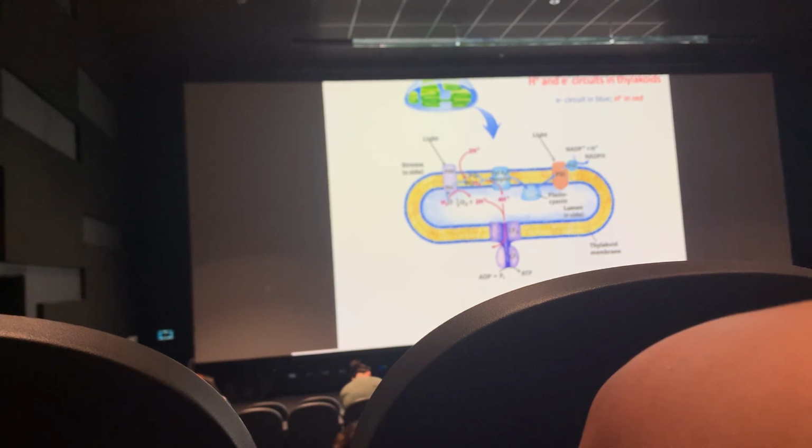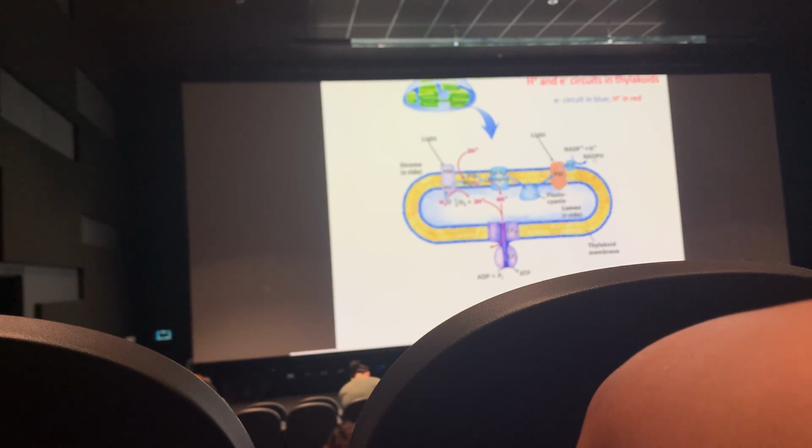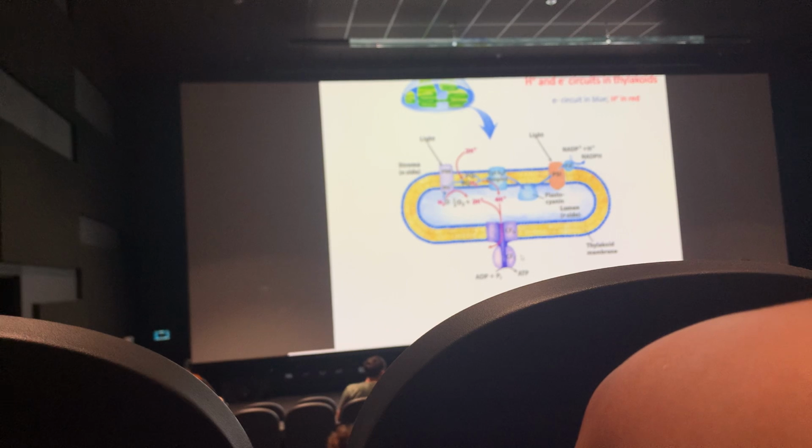And here, plastocyanin, there's going to have to be 2 of them to provide enough electrons to create NADPH. One of the nice things about the diagram is it shows us the orientation of this thylakoid, and the NADPH is being produced out here in the stroma, and so is the ATP, because that's where the Calvin cycle enzymes are that need this to generate the carbohydrate.